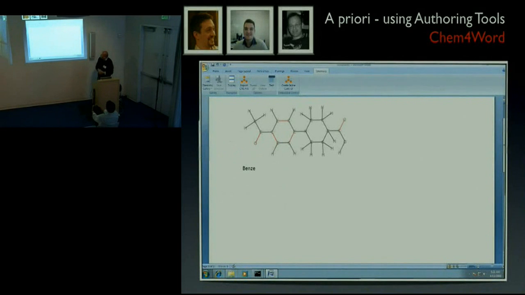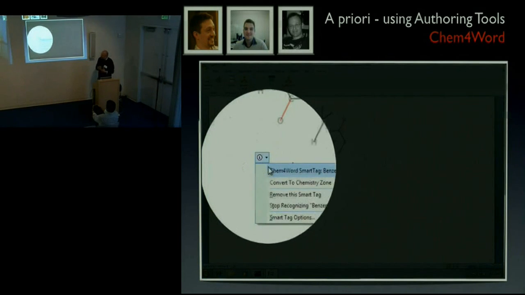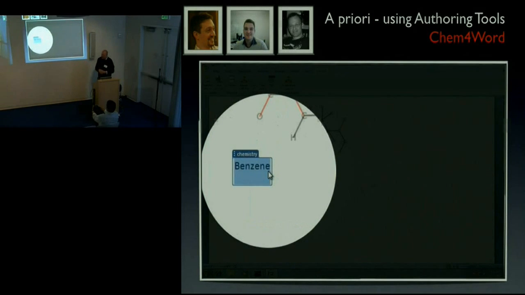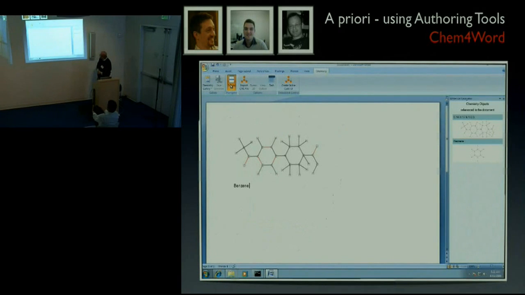Or another alternative is that Word will actually watch you type, and as it discovers potential chemical entities, it will mark these things up using the SmartTag technology. You can then confirm that indeed, yes, this is a chemical entity by converting it to something we call a chem zone. And ultimately what this has done is that it has deposited a CML document into the Word OXML document.